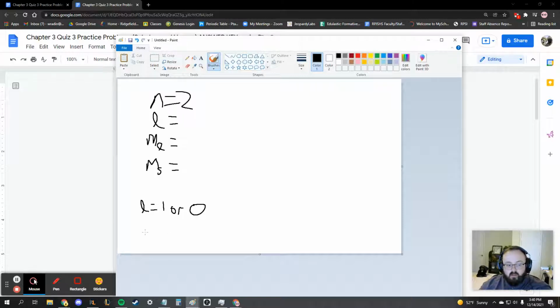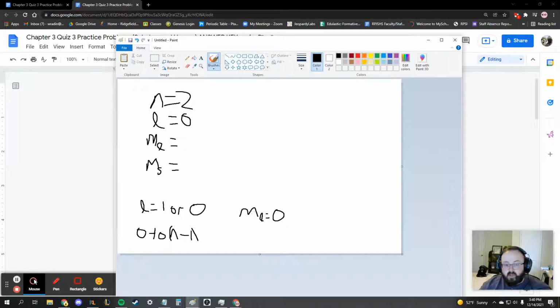Because n is 2, n minus 1, 2 minus 1 equals 1. So L can be 1 or 0. Let's go with our first case where L equals 0. If L equals 0, then m sub L equals 0. There's no other options.